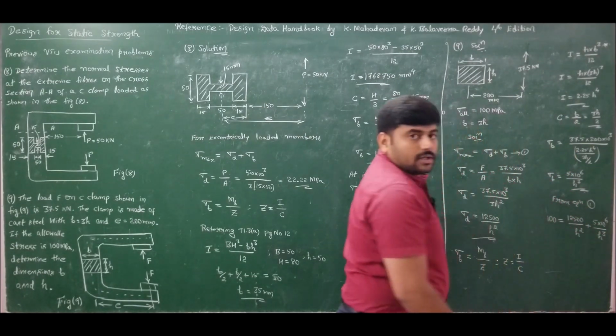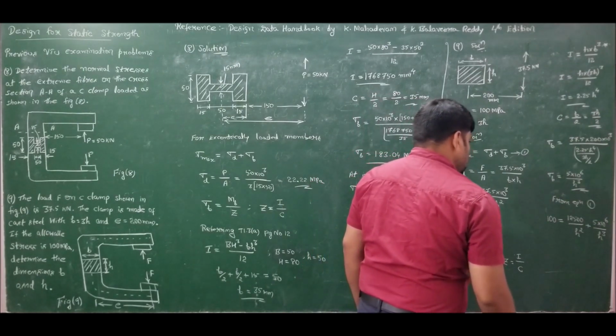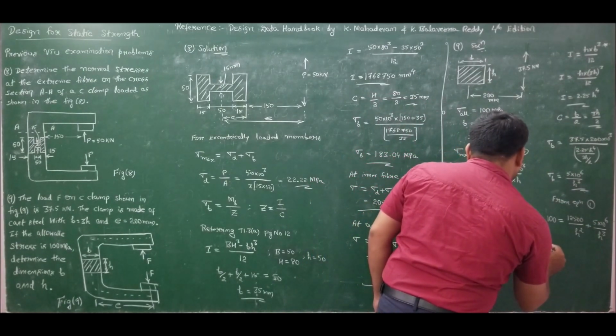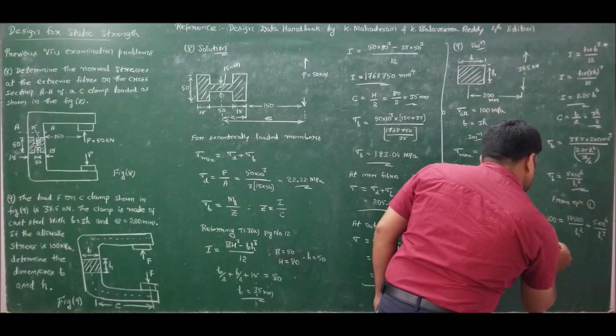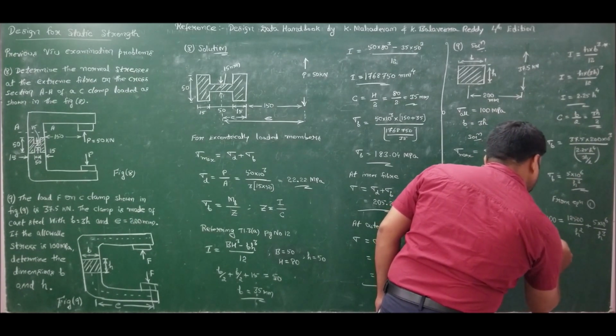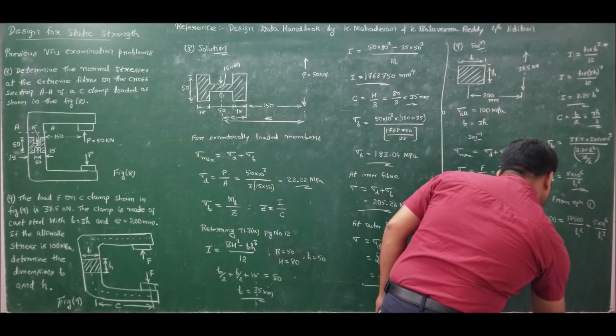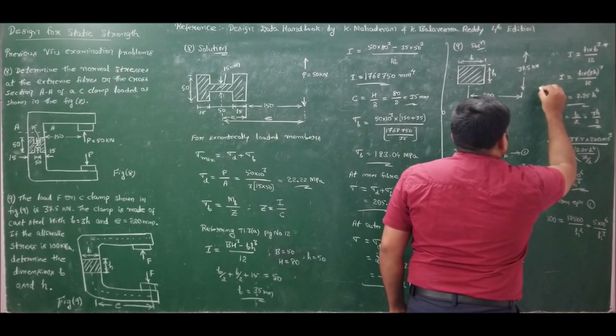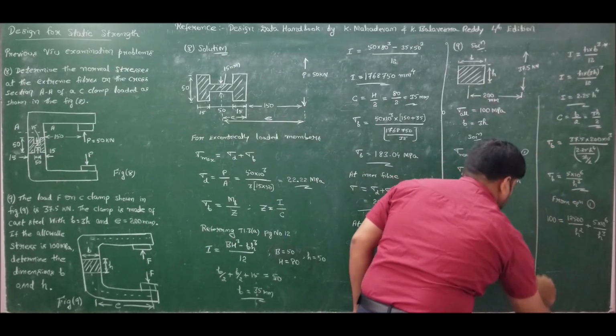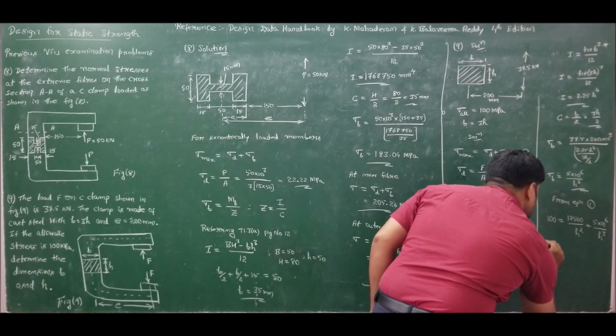Since we have a cubic equation, if I simplify, I will get 100 h cube throughout.